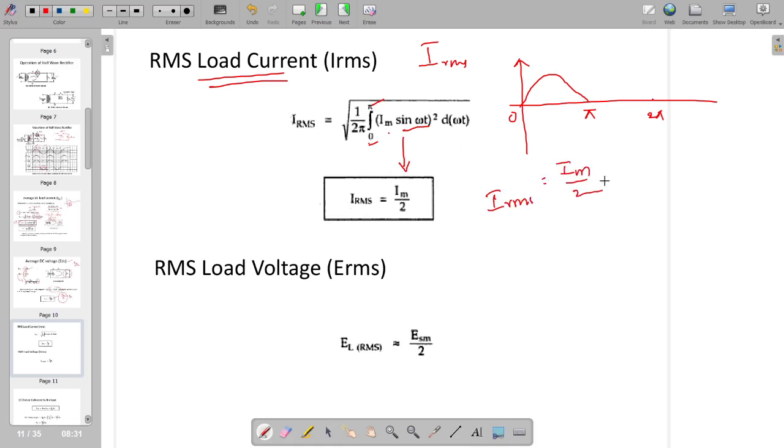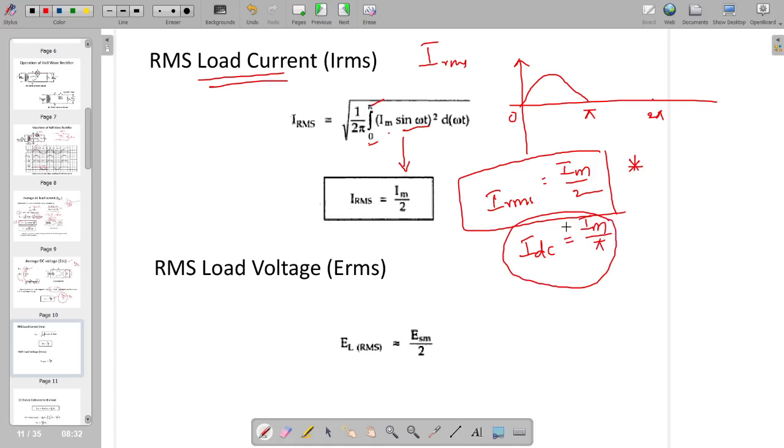I_m upon 2. This is also very important. I_DC in the half wave rectifier is equal to I_m upon pi, whereas the RMS value of the current in the half wave rectifier is I_m upon 2. These two are very important currents to analyze the rectifier efficiency and ripple factor.